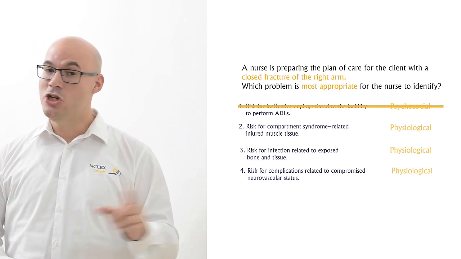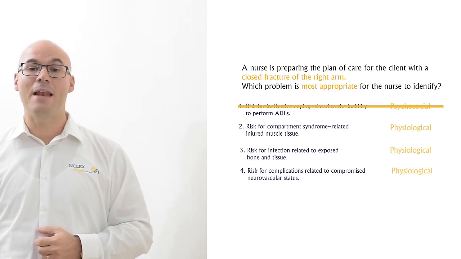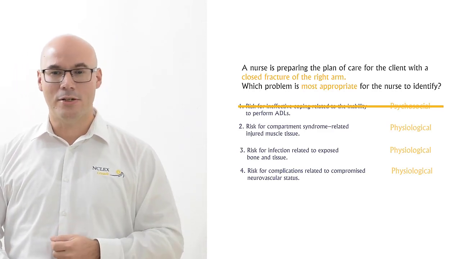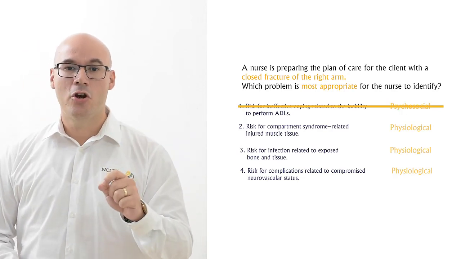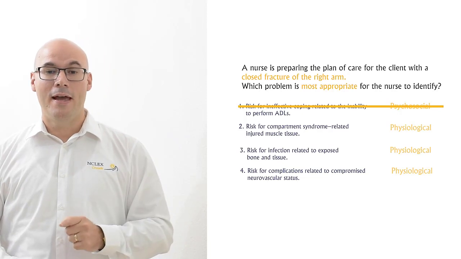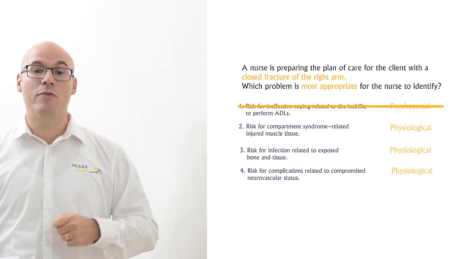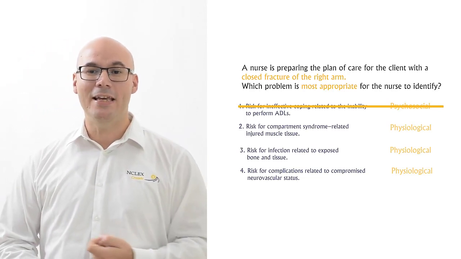One of them does not make sense. Answer number 3 can be eliminated. Why? Read the question. It states a closed fracture of the right arm. And answer number 3 says risk for infection related to exposed bone and tissue.